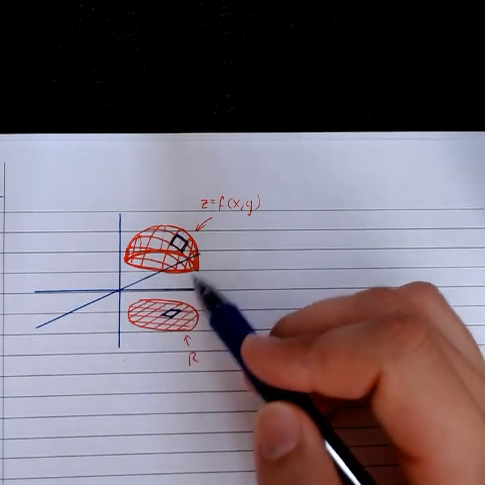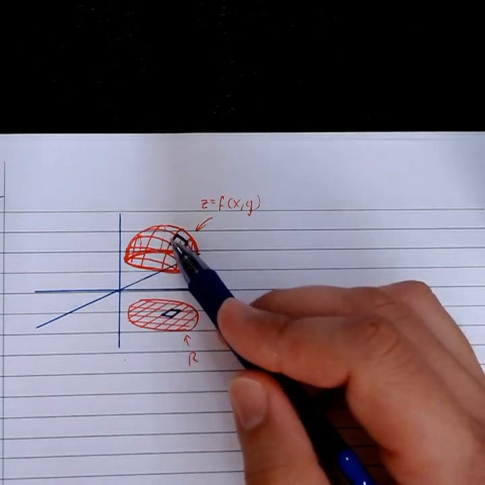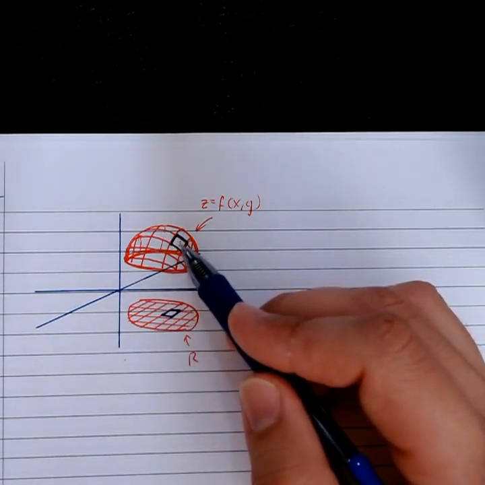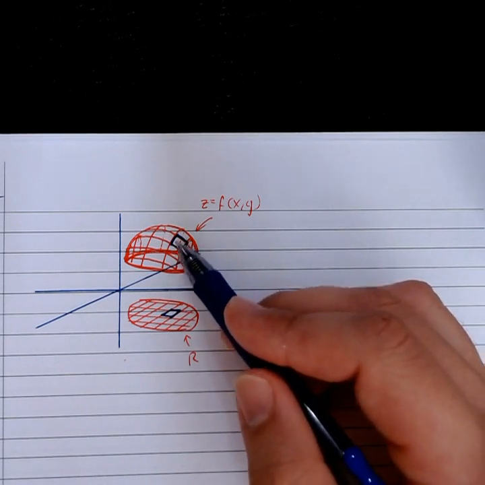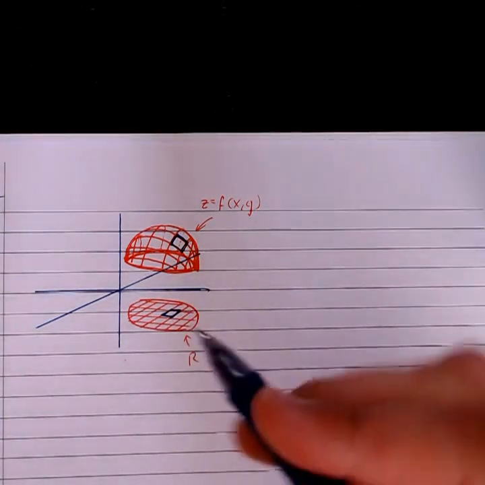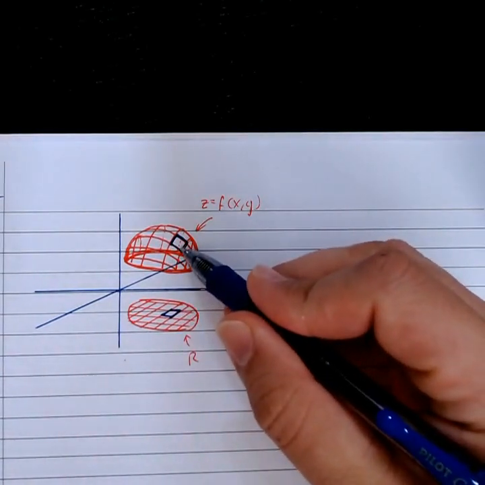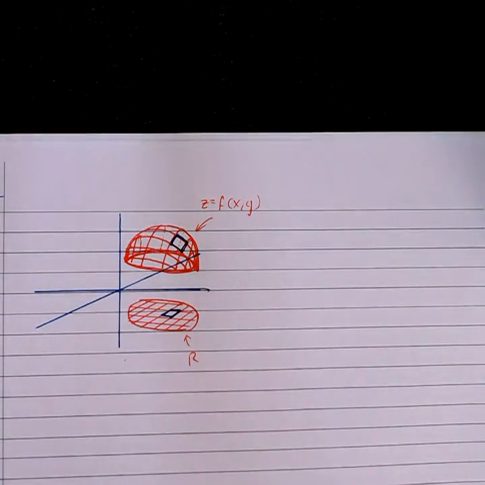Just like the Earth is curved, but if you look outside your window right now, even though you may live on a curved surface, nearby everything looks pretty flat, especially if you live in Texas. So this little patch can be approximated by a flat little plane.